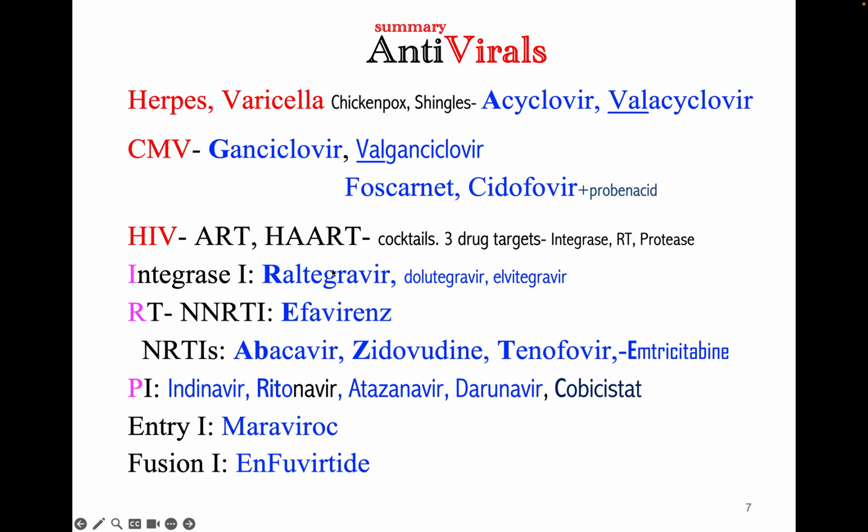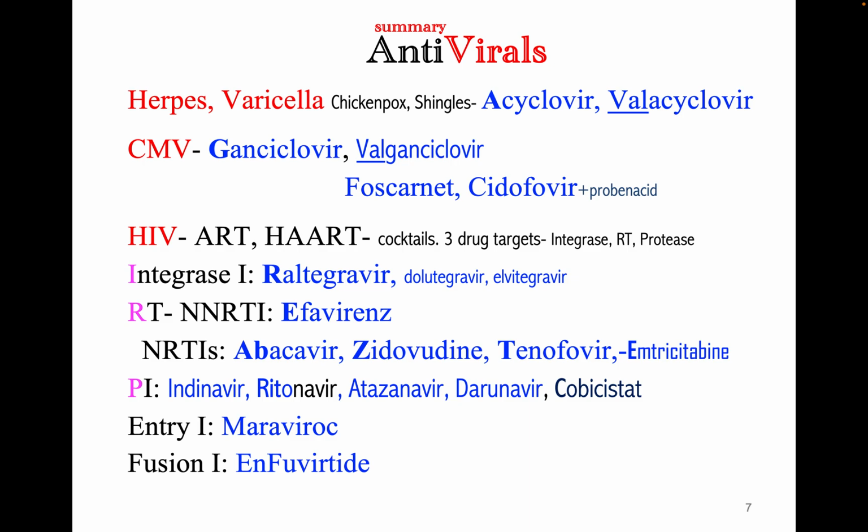So if a patient is worried that they are exposed to HIV virus, you can use Raltegravir oral, plus there is a combination drug, that is tenofovir emtricitabine. We will discuss those, but keep in mind this drug is in one of the combinations of post-exposure prophylaxis in patients, in addition to HIV treatment. So two indications I want you to study for this drug. Other than that, not much to remember.